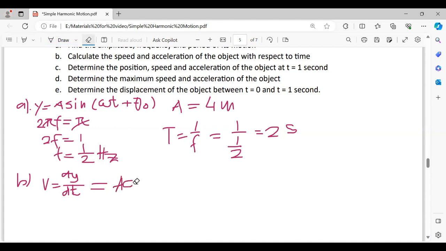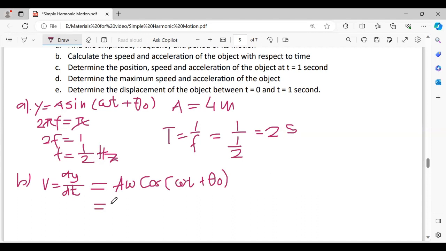A times omega cosine of omega t plus theta 0. We have learned this derivative formula.